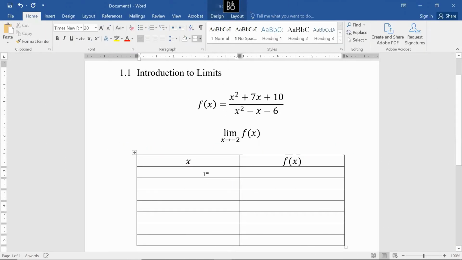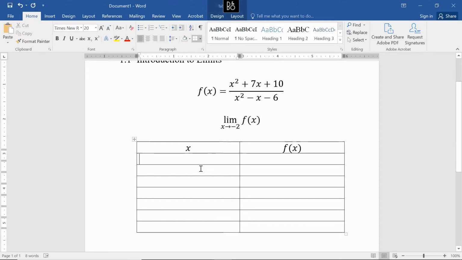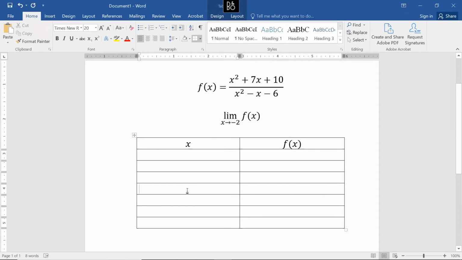All right, so let's take a look at this. We're going to use the numerical version first and basically come up with some numbers. In this case, we're getting closer and closer to -2. So let me put -2 in the middle of a table, and let's get closer to that from below and from above.